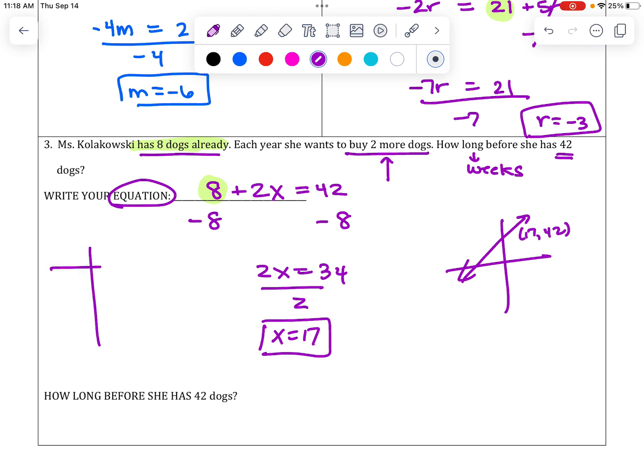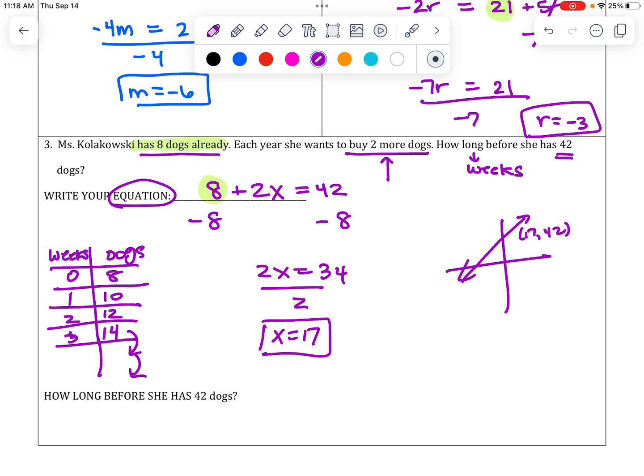You can make a chart, right? So weeks and dogs. At 0 weeks, 8 dogs, because we got 8 dogs. Then we've got 10. Then we've got 12. Then we've got 14. And you can keep doing this chart until you get to 42. Now that's not really efficient, but it's going to get you the correct answer. You can guess.